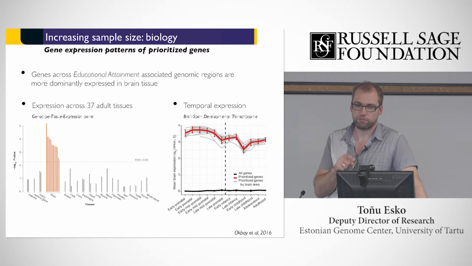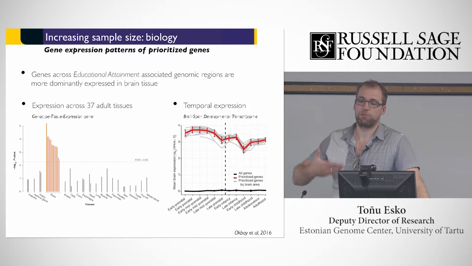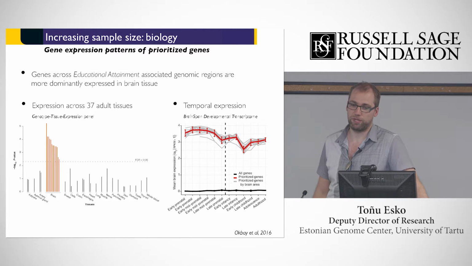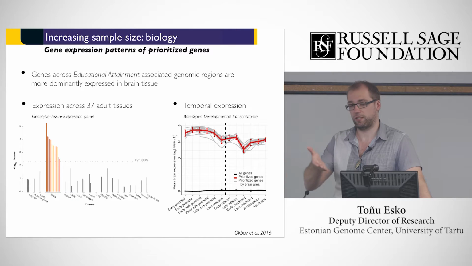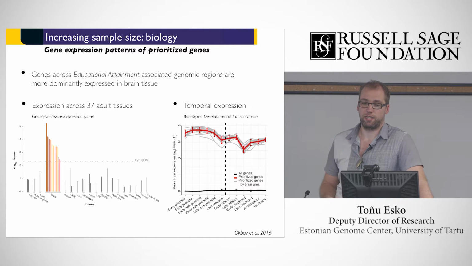But in this case, what we really wanted to improve over our previous paper, where we identified three SNPs and didn't find good biological insights, was to show, as a proof of principle, that for education as our phenotype, we indeed have overexpression in brain.